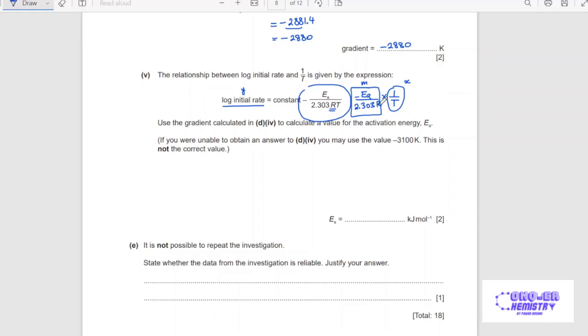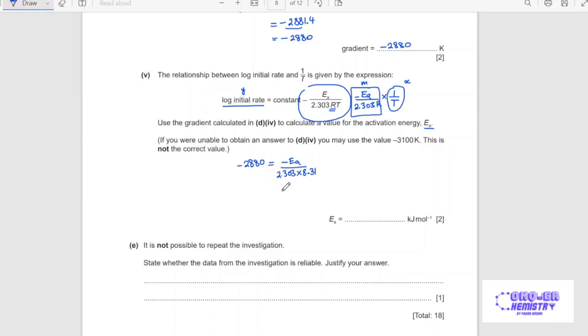All right. So now, if I need to find the activation energy, I'm going to equate this entire expression to the gradient. So this is minus 2880 equals the minus activation energy divided by 2.303 times R. Now R is 8.31. All right.